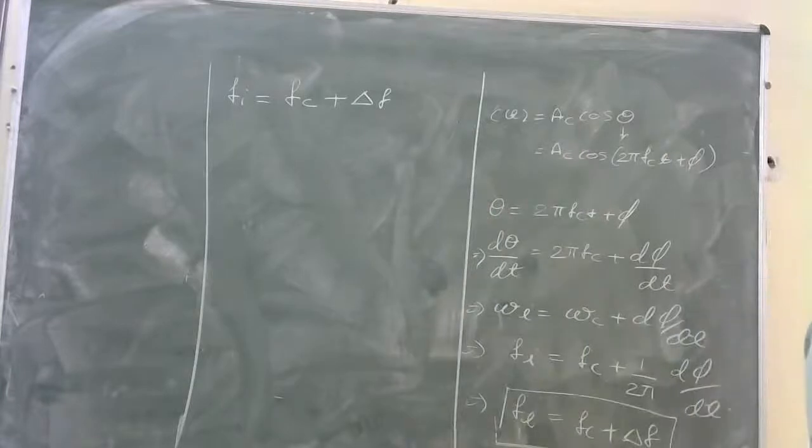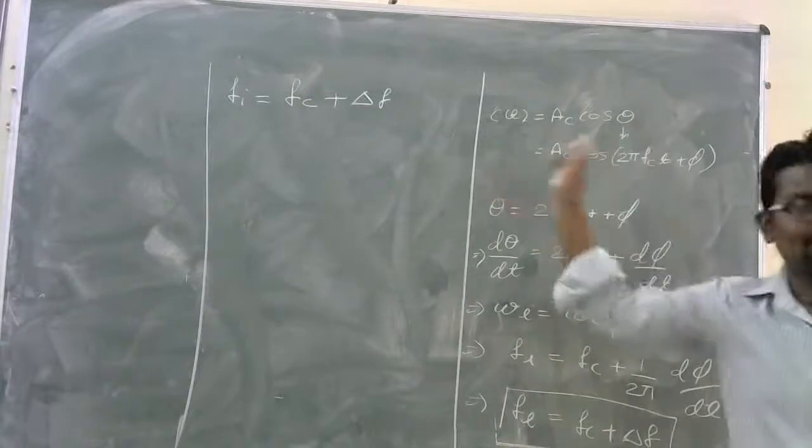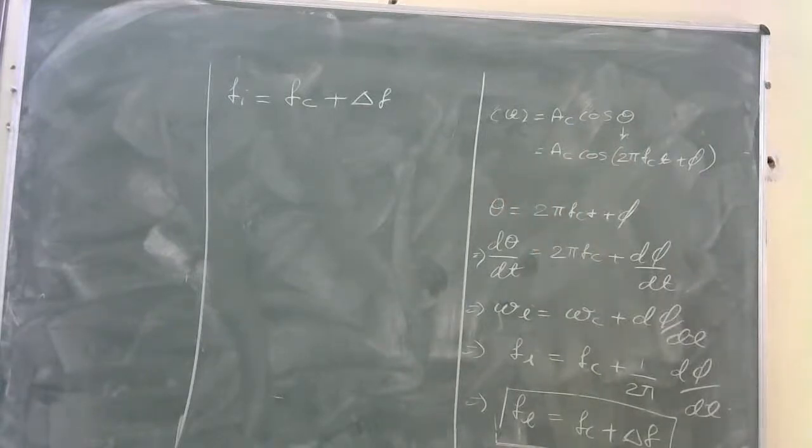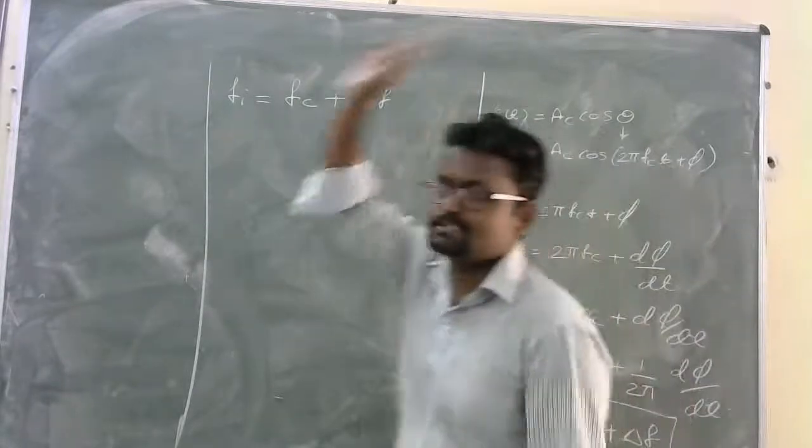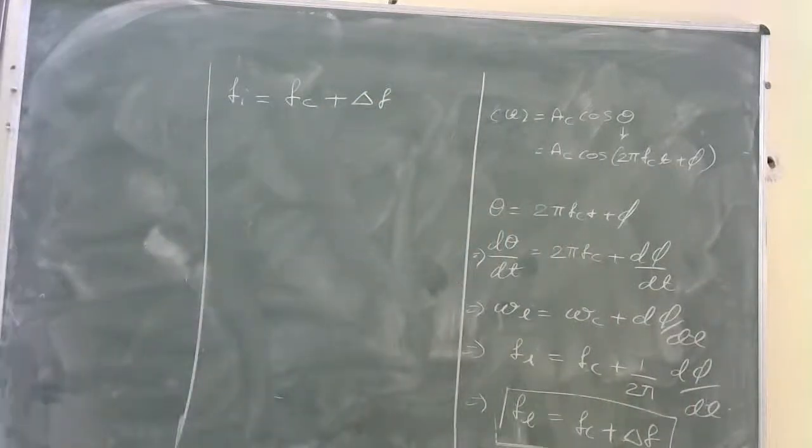Look here. Student: Sir, when Am is high, and Fc is maximum. Sir, when Ac plus Am, then the maximum frequency will come. Good, but I am asking using this mathematical expression only.